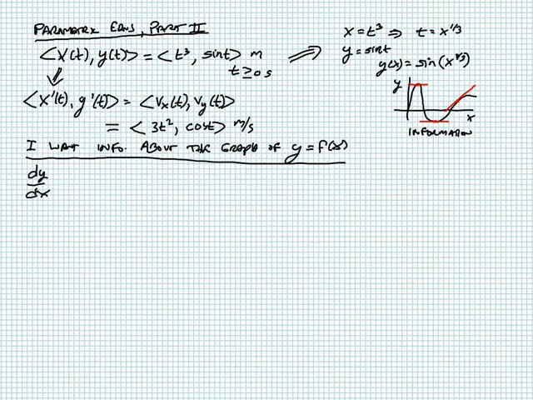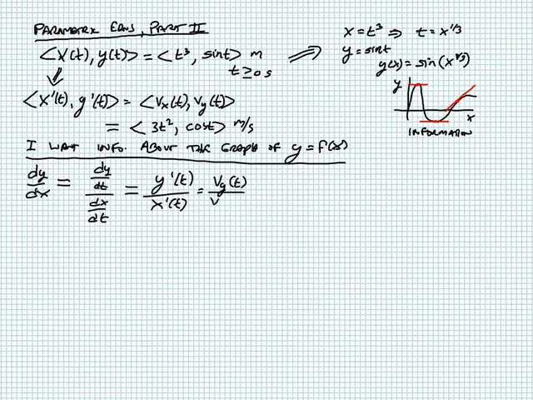The first derivative is relatively easy because I can divide the top and bottom by dt, and I get that dy dx is dy dt over dx dt. This is equal to y prime of t over x prime of t, which I can also write as the y component of velocity as a function of time divided by the x component of velocity as a function of time.